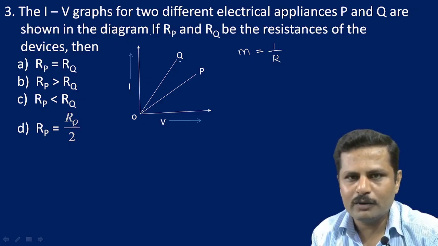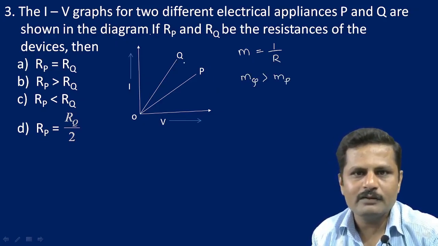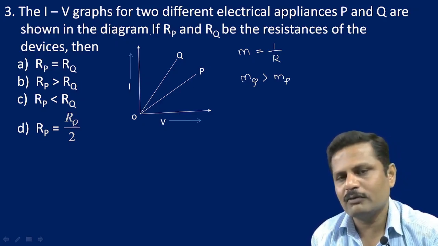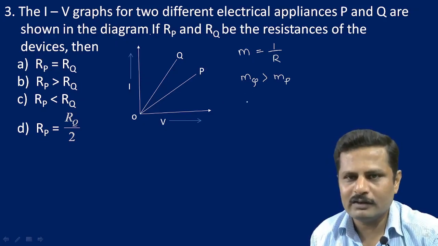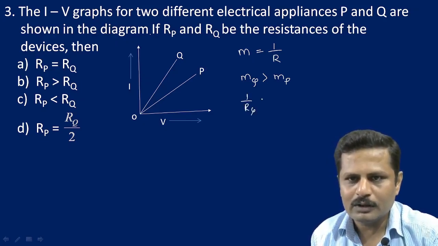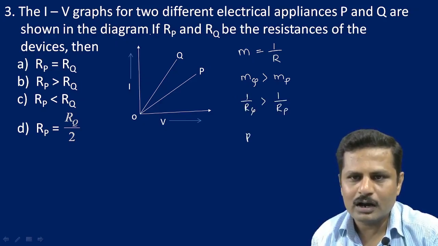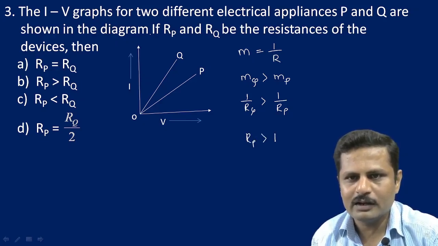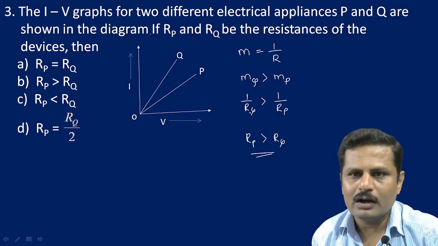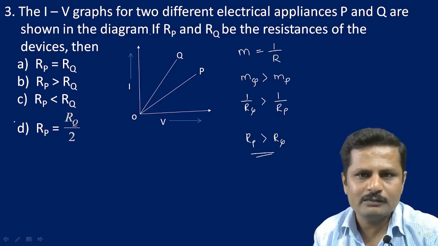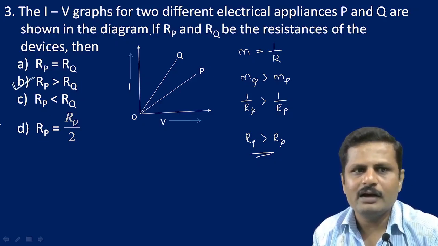Here the slope of Q is greater than the slope of P, because Q has more inclination than P. So we can write that the slope of Q is greater than the slope of P, that is, 1 by RQ is greater than 1 by RP. This clearly shows that RP, the resistance of P, is greater than the resistance of Q, or RQ is less than RP. So option B is the right answer.